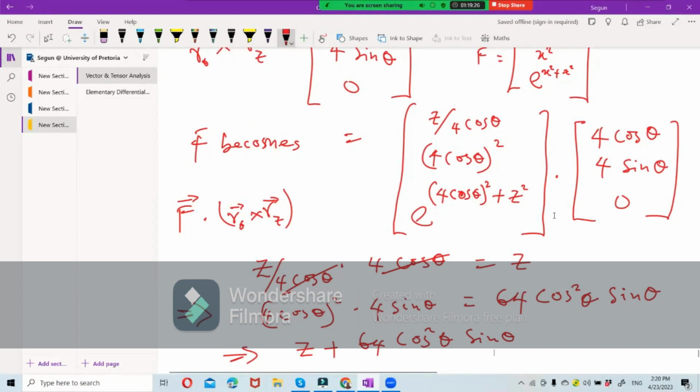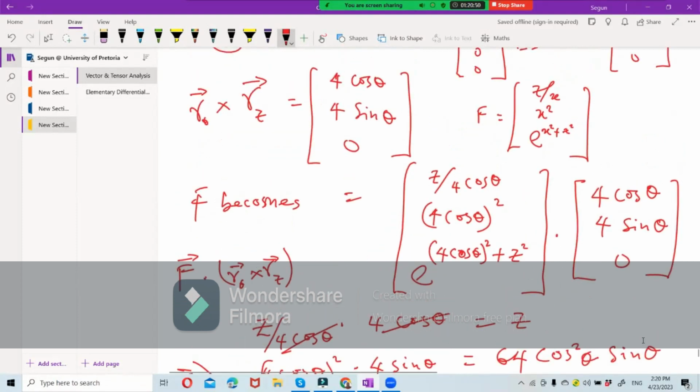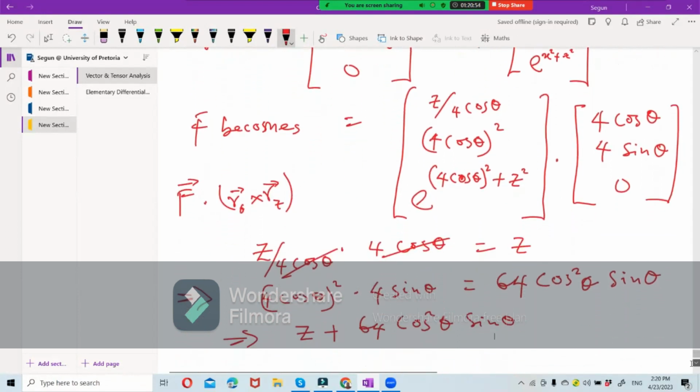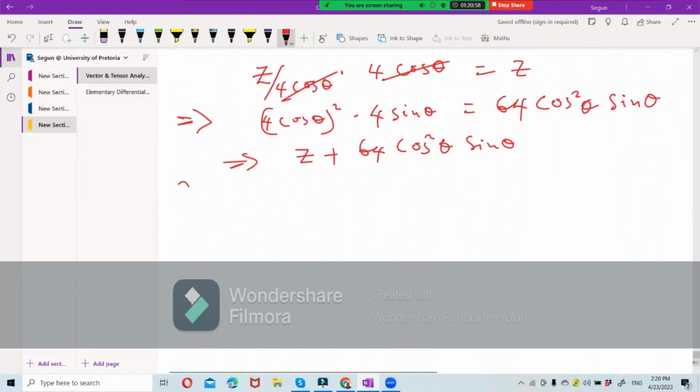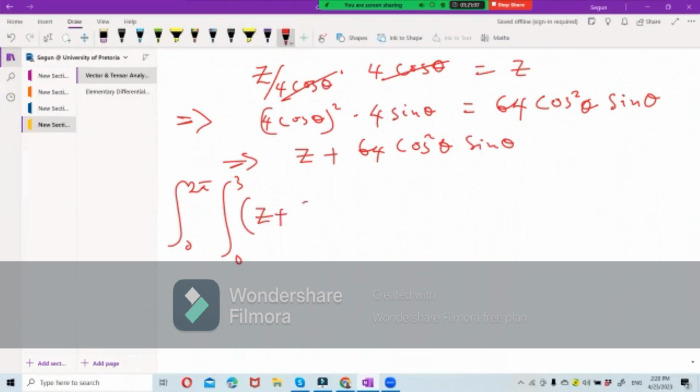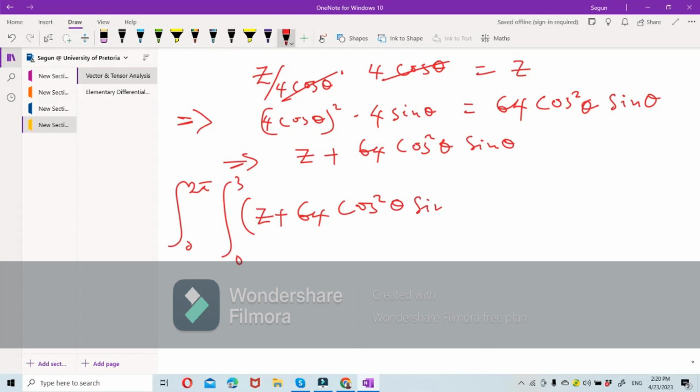So, we need to put it in integral now. Go back to your integral formula. So, our integral formula becomes what? Integral 0 to 2 pi, integral 0 to 3, everything z plus 64 cos square theta sine theta, dz d theta.